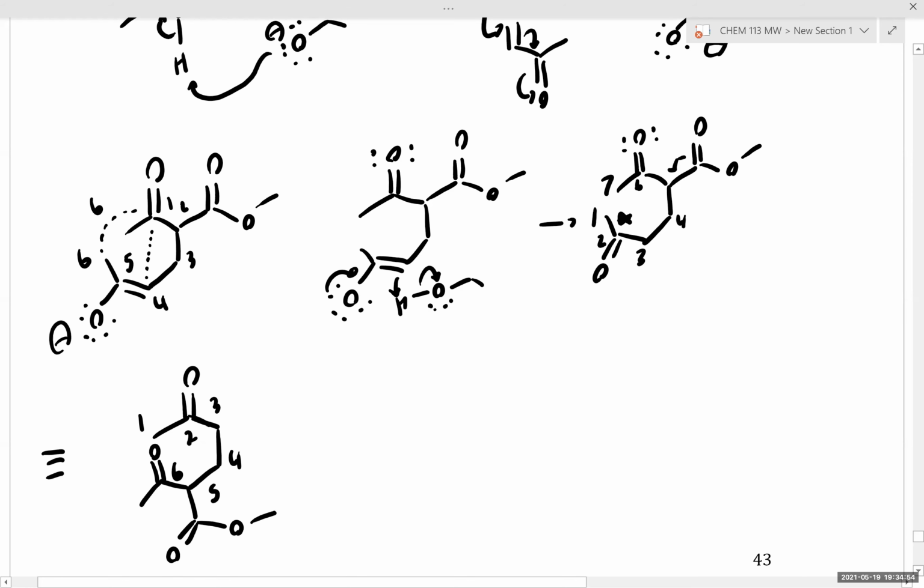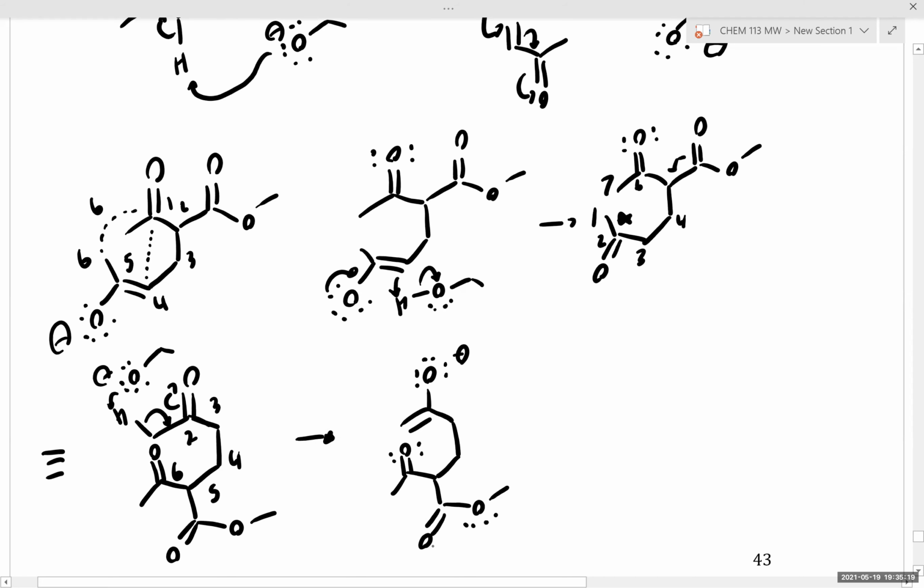Okay, so now we've redrawn this substrate, and we see that we can now deprotonate our alpha position. From here now, our enolate can attack our electrophilic carbonyl carbon, and that in turn gives us a 6-membered ring.